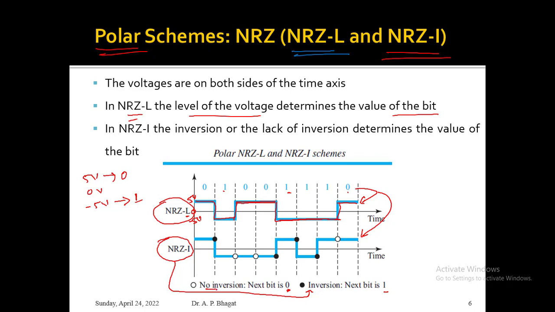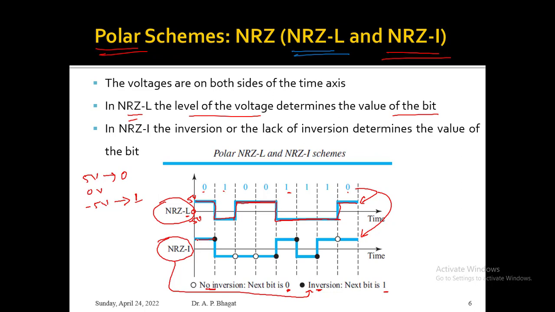So for a 0 bit there is no inversion, but for a 1 bit there will be inversion. You can observe that. As the first bit is 0, and you are representing 0 with the positive voltage level, you can even start this signal from here. If you are starting from the negative voltage level, the signal will be something different. Whenever a 1 occurs, the signal will be inverted.